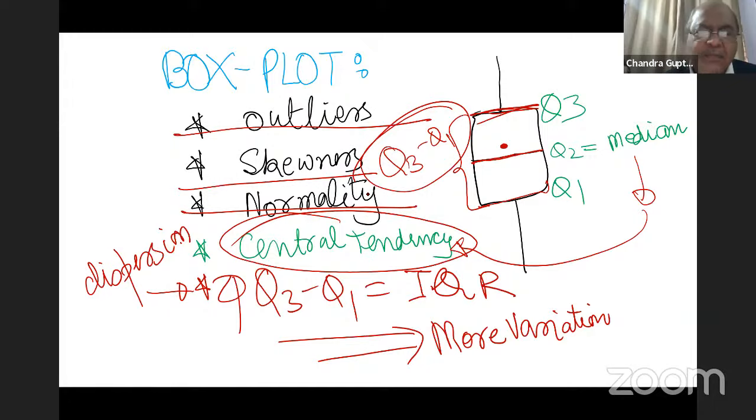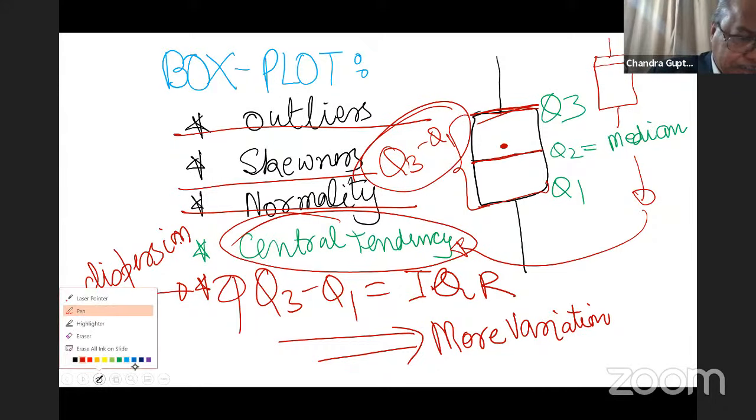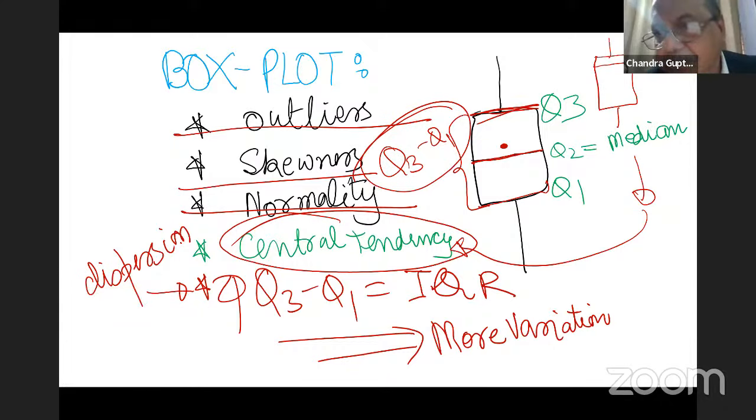And of course, histogram can also show this. Okay, I make two graphs, two box plots. One is this. How do you react to A and B? What do you see in A and B?